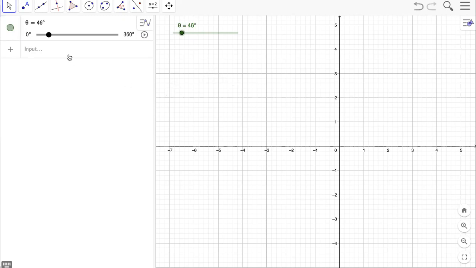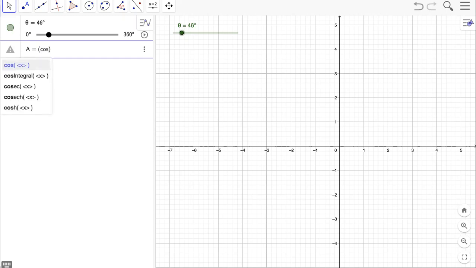Okay. Now, can I continue? Is it okay? All right. Then the next thing I would like to do will be, I want a point here, right? Described by cosine theta, sine theta. So I simply input A equals, and then start inputting the coordinates.